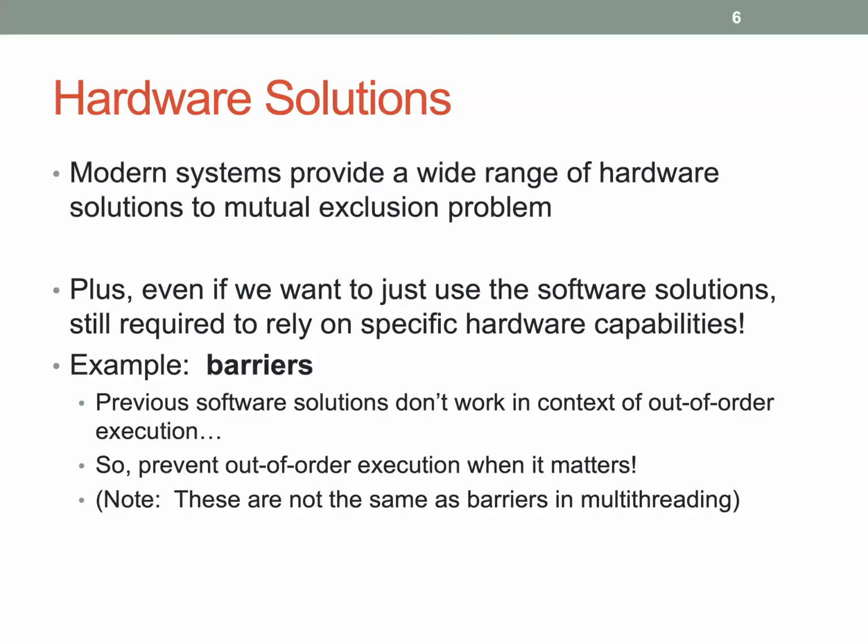A barrier is basically a thing you can plop into your code to make sure that everything before the barrier has finished before anything after the barrier starts running. So it's a point in time where you're saying everything before this point has to have finished, and then you can go on to do the next thing. So don't reorder across this barrier. That's the idea behind a barrier.